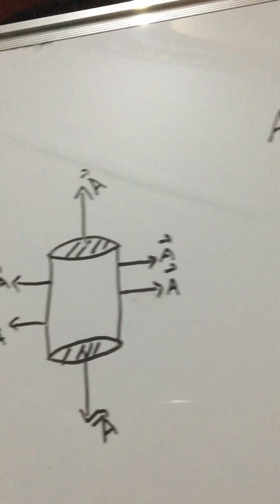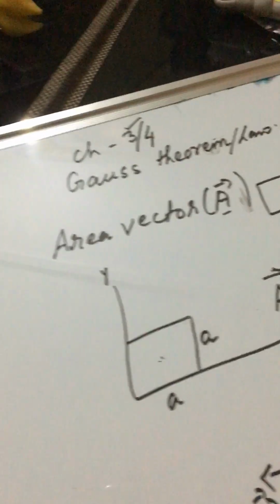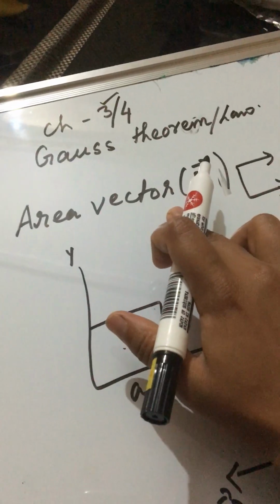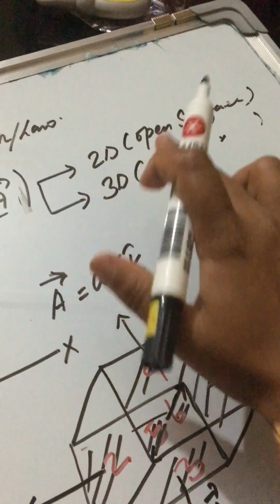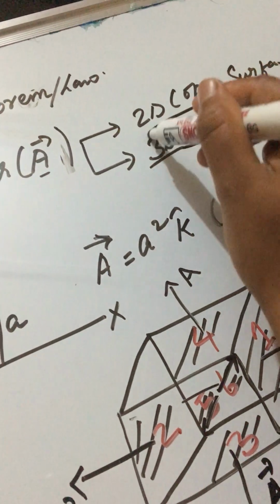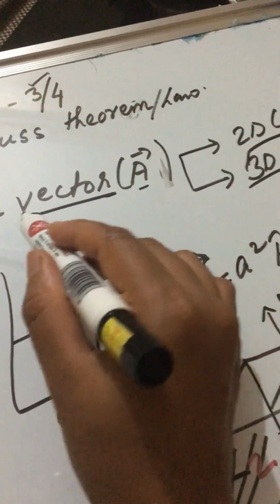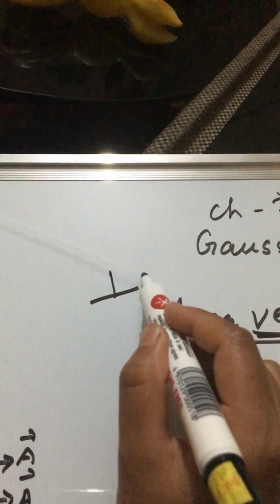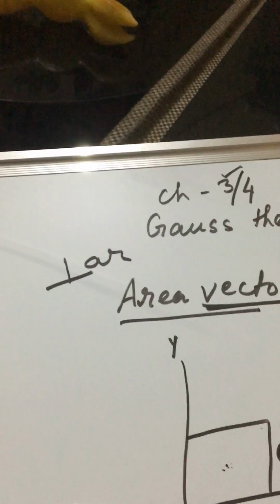So what we have learned, let me summarize it. Area is a vector quantity. Area can be two-dimensional or three-dimensional. If it is three-dimensional, we call it a closed surface. As it is a vector, what is the direction of the area? Perpendicular to the surface, right?